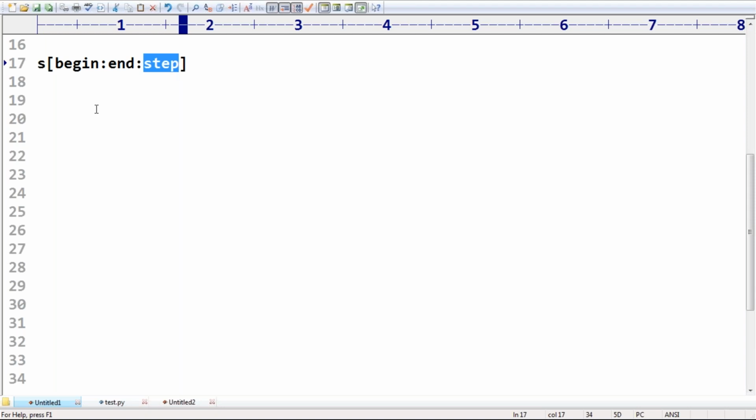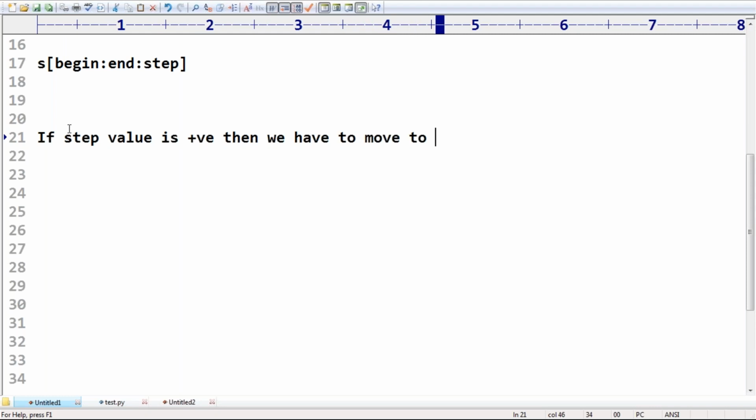This step value is going to decide whether you have to move to the forward direction or to the backward direction. If the step value is positive, then we have to move to the forward direction.